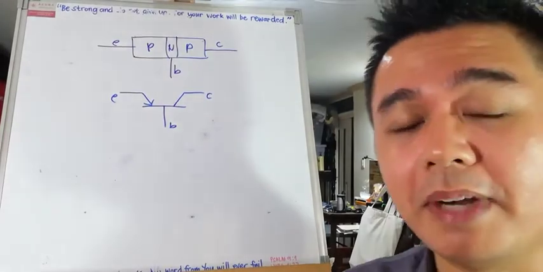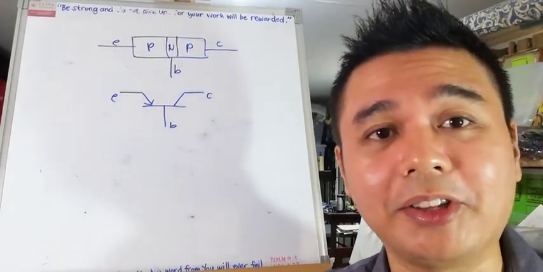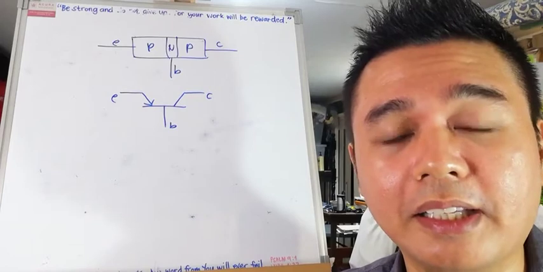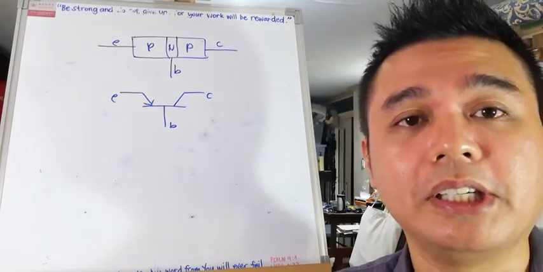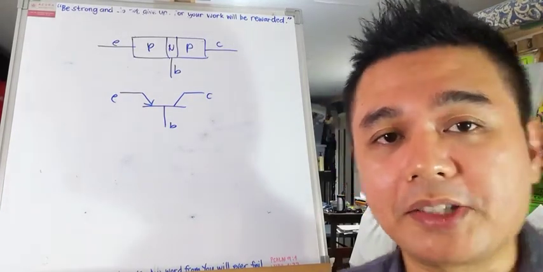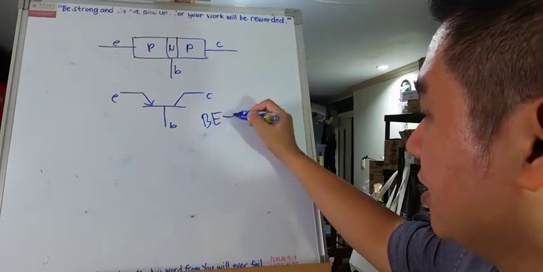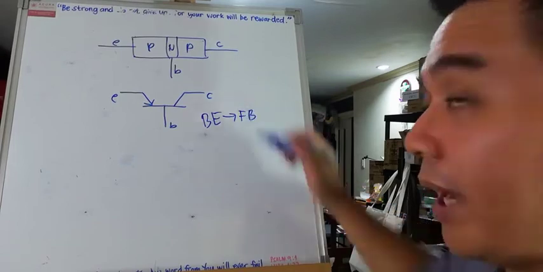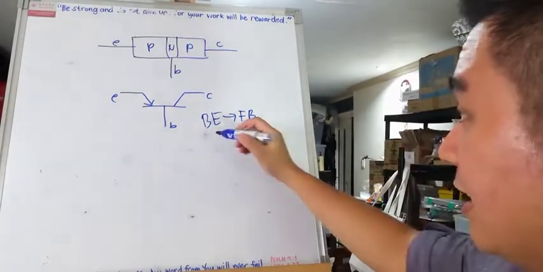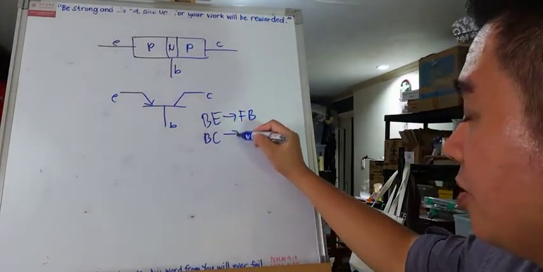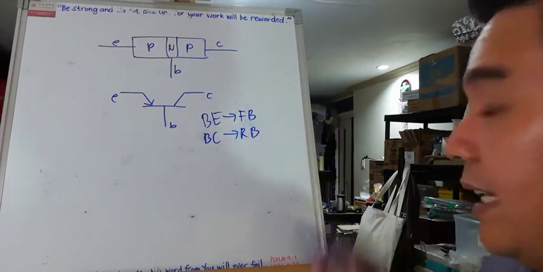For the common base, our input side is the base emitter and our output side is the base and collector junction. So, to become an amplifier, recall, our base emitter junction should be forward biased and the base collector junction should be reverse biased.